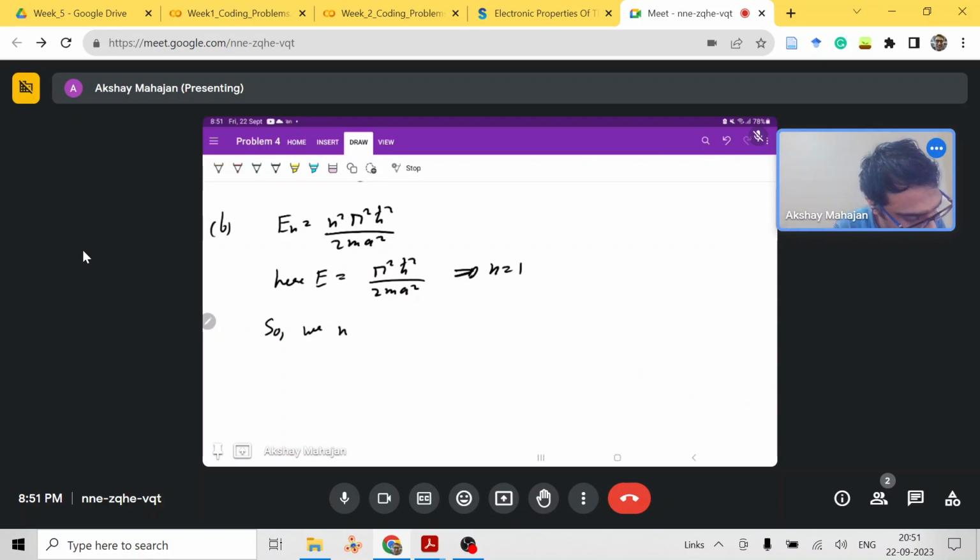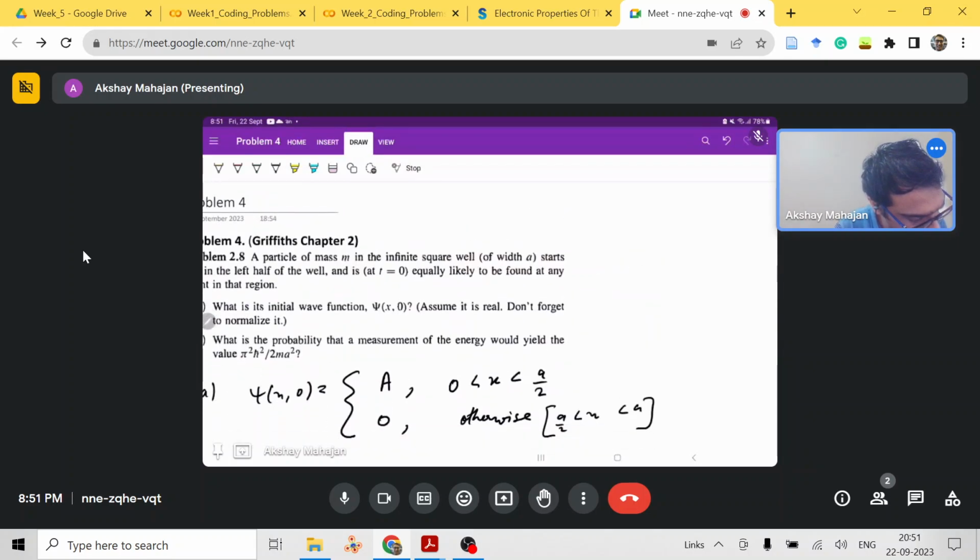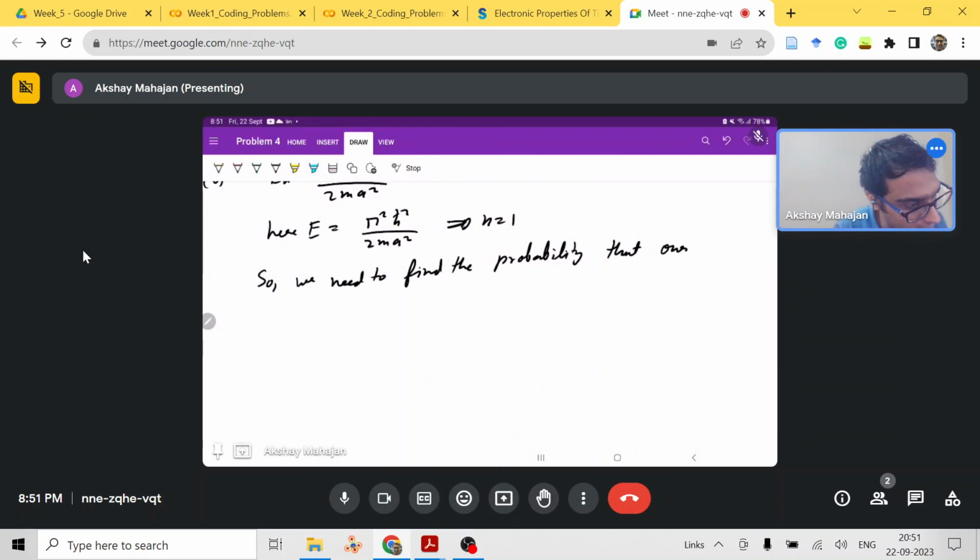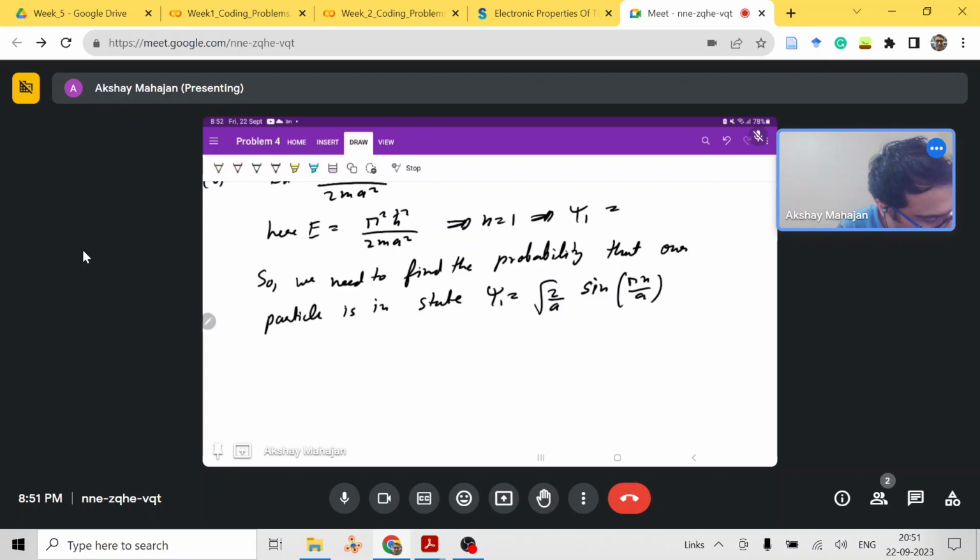So we need to find the probability that our particle is in state psi 1, which is equal to root 2 by a sine pi x by a, which corresponds to your psi 1 function.